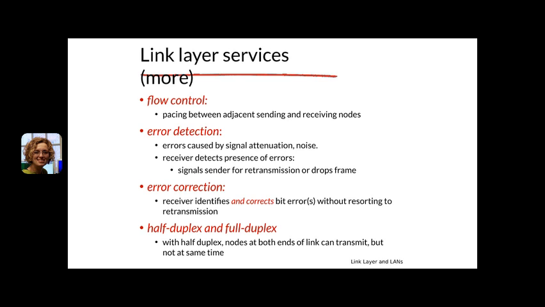Error detection and correction are quite self-explanatory. And full duplex is something that you already know: an Ethernet cable, for example, does not transmit information only in one direction, but in both directions. And of course, wireless works the same way.